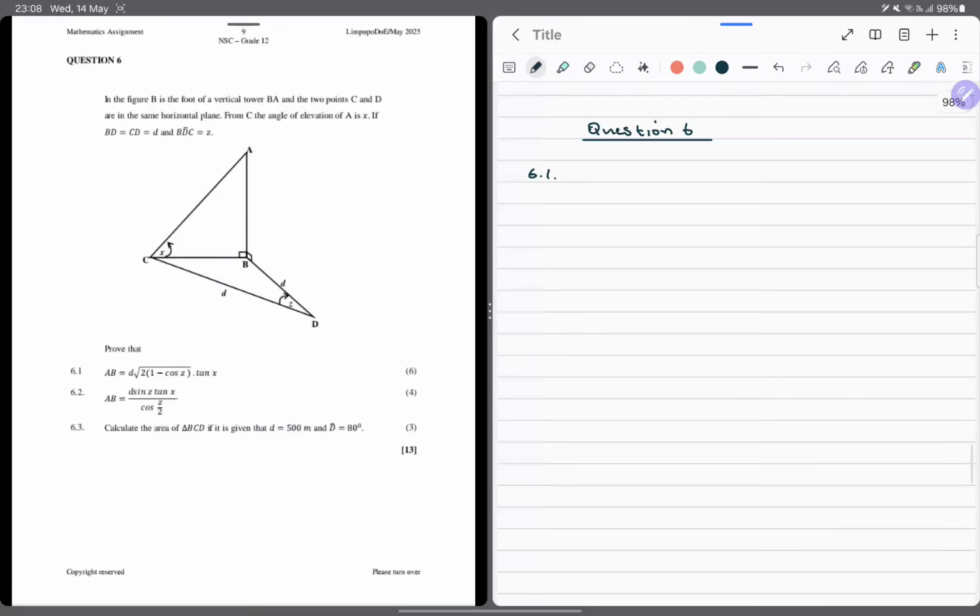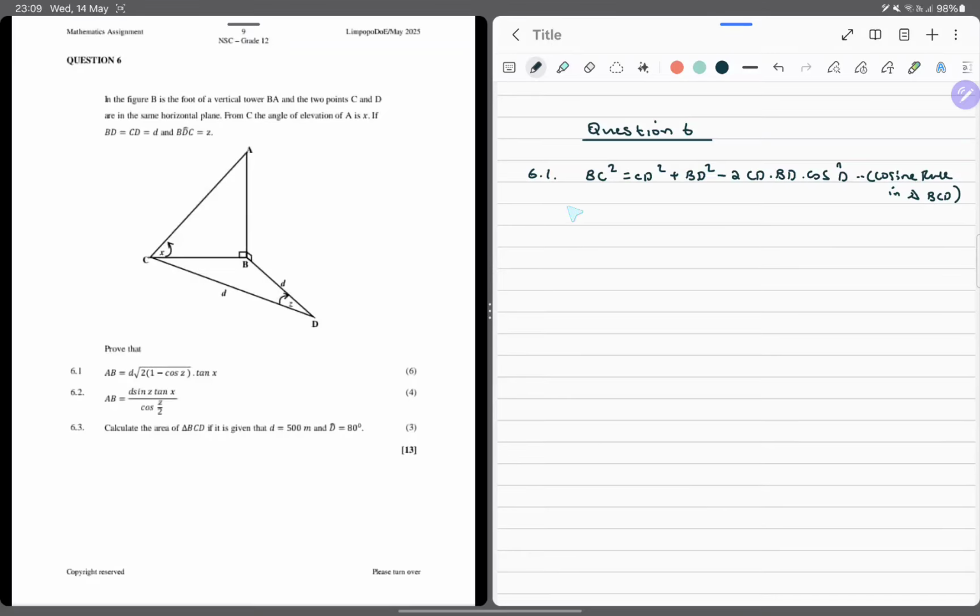Okay, we will start 6.1. We know that essentially BC squared is going to be equal to CD squared plus BD squared minus 2 times CD times BD times the cos of angle D. This is the cosine rule in triangle BCD.